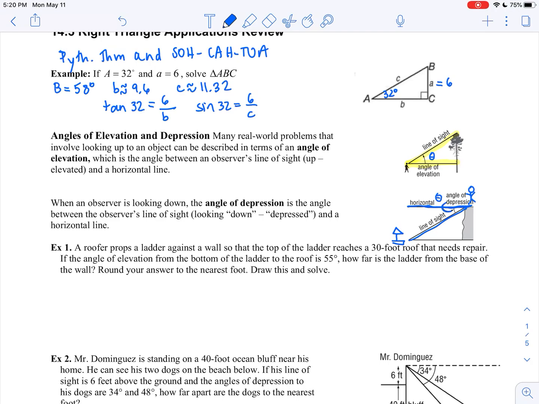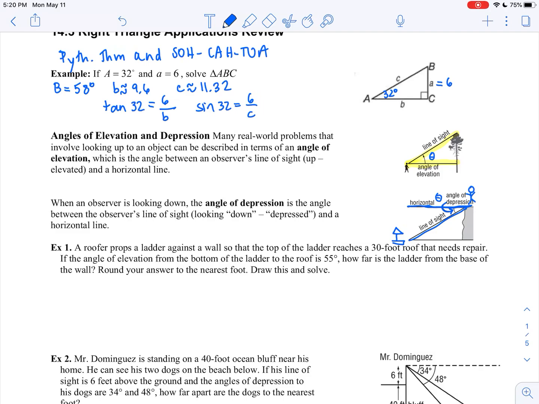And you can think of that as if you're looking up from below, you're elevated, or your line of sight is elevated, you're feeling happy, that's an angle of elevation, versus you're depressed and you're looking down. So the angle of depression is when you're above a cliff, or you're on top of a building looking down at something below.